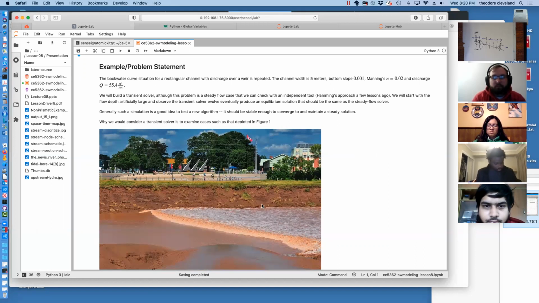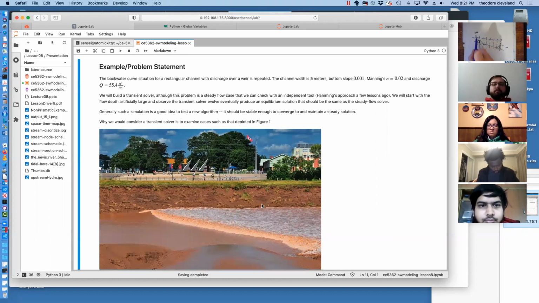And we have to start somewhere. So I'm going to choose to start with a depth artificially large. Not that that's the smartest decision, but more importantly, it's easy to script as you're developing a script from scratch. So if the depth's artificially large, let's say in the drawing that I have here, at equilibrium, the correct flow system should look like that blue line.